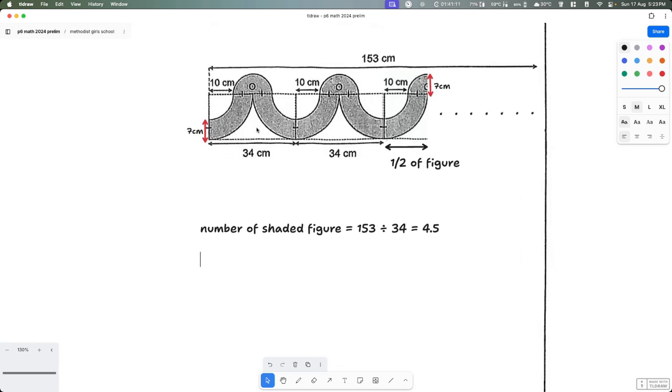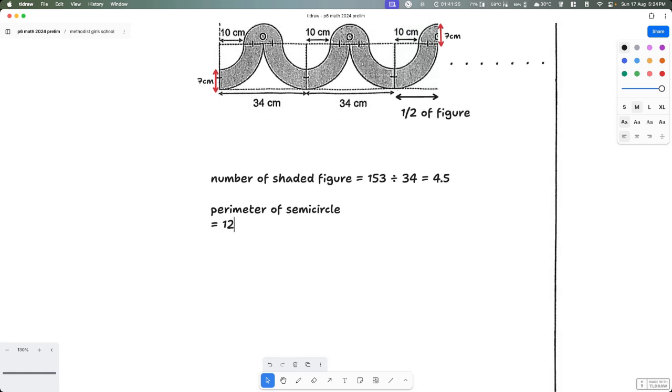Basically what we want is the perimeter of the semicircle, which is half times 2 times pi times radius, or we can say pi times diameter.